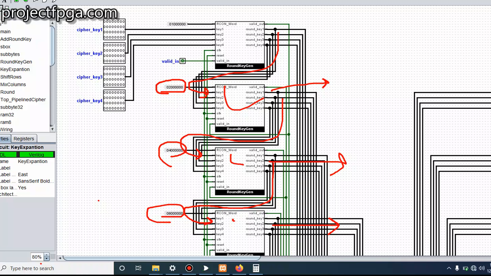This is repeated 10 times. This is how we're able to generate different round keys.